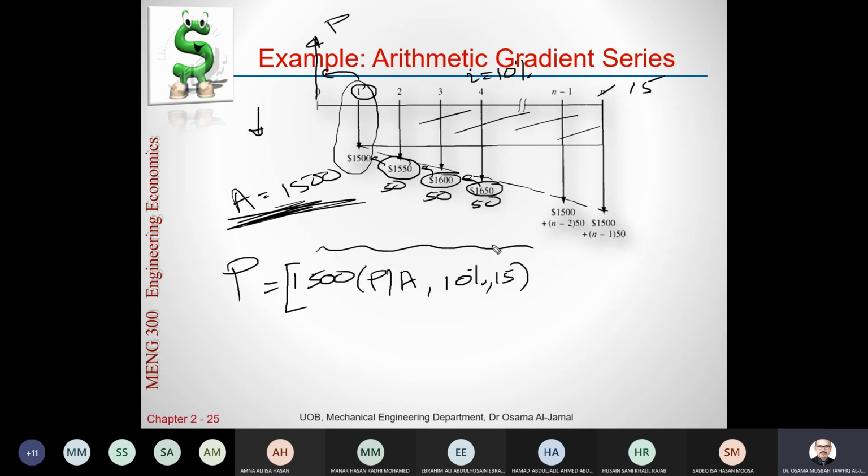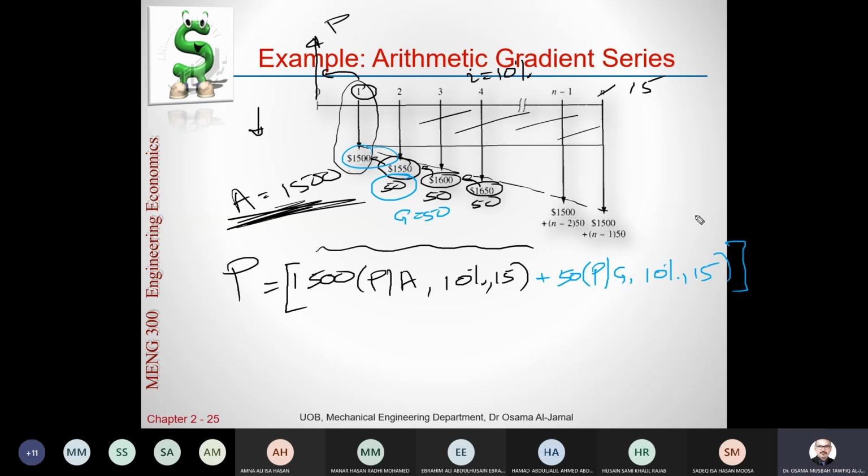Let's add the second part now. It is increasing, so since it's increasing, we are adding plus. Plus what? How much? That G. The first one, second one, third one, and every year it's increasing by 50. P given G, 10%, 15.